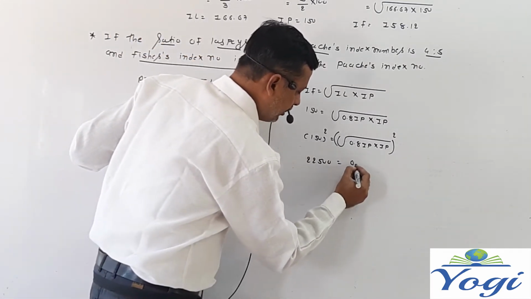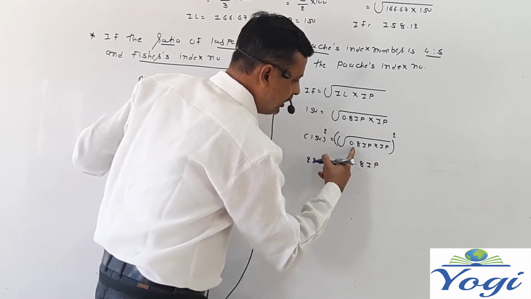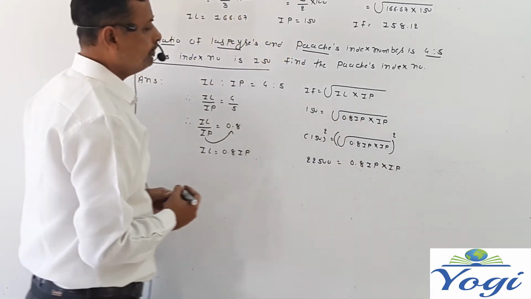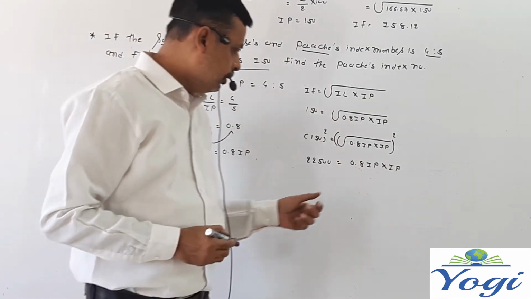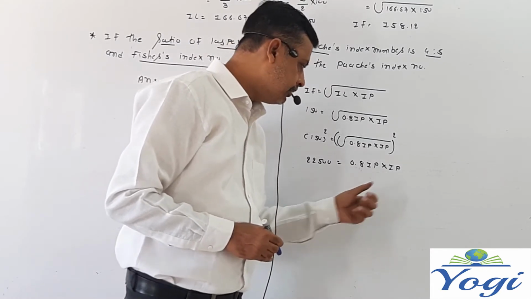and root square means removal of root, 0.8 IP into IP. Now the relation between 0.8 IP and IP is multiplying.